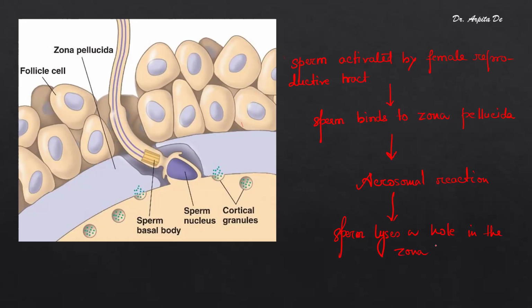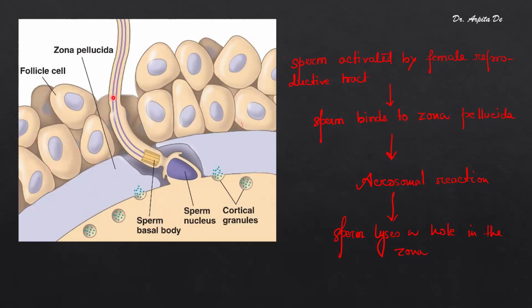In this diagram here, you can see the zona pellucida, which we are talking about. The zona pellucida has the follicle cells at its outer surface.